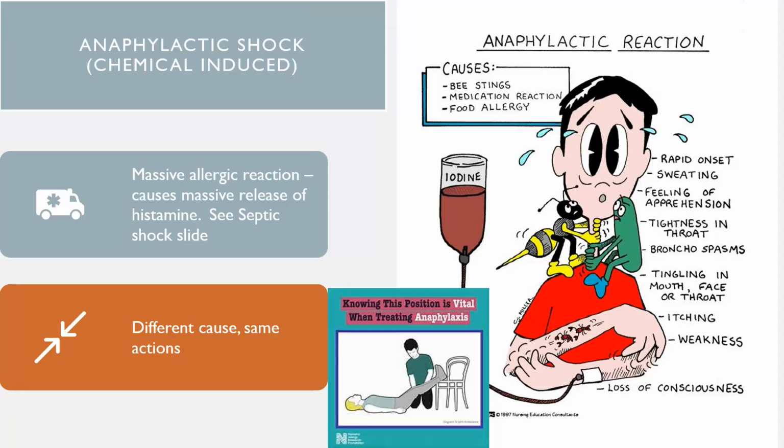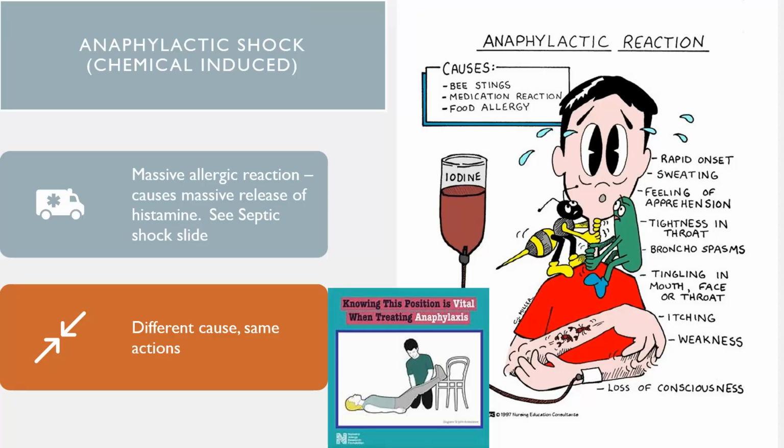The body just thinks that the proteins in the peanuts are a foreign body or a bacteria and it needs to go right away. So we get that massive vasodilation. You get all these immune mediators like histamine and cytokines, all of them come out to play. And all of a sudden, all that vasodilation, so all those white blood cells can get to the site, drops our oxygen to our tissues.